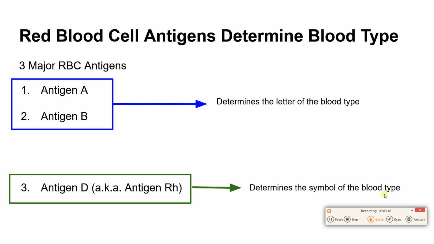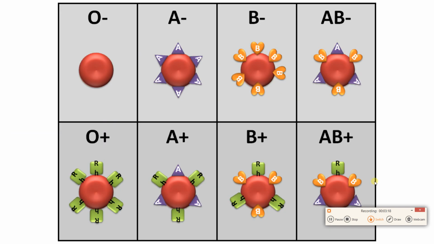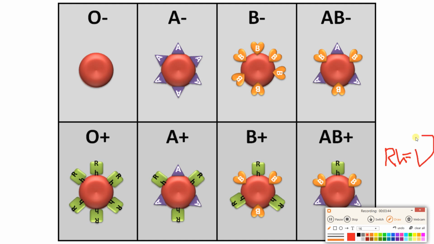All right. So here are 8 possible blood types based on these 3 antigens. So notice that all of my guys on the bottom here, all 4 of my red blood cells on the bottom, have the RH, also known as the D antigen. Remember, RH and D are the same thing.